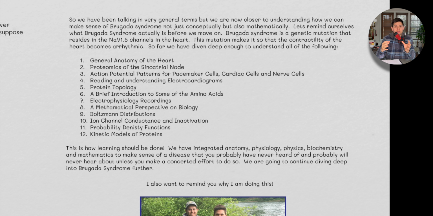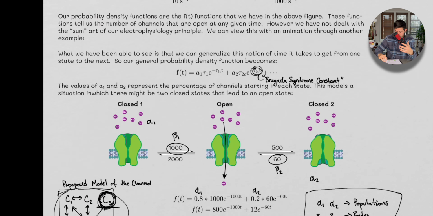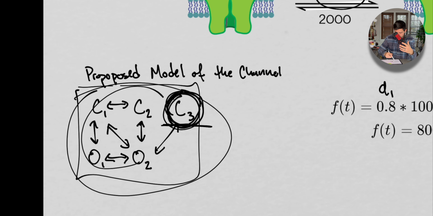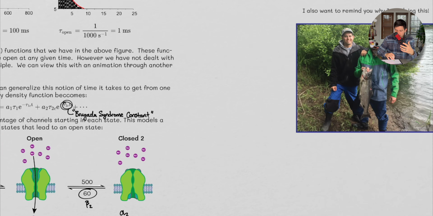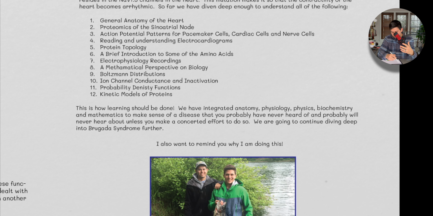Kinetic models being you have multiple different closed states and you have some open states. How we can theorize, we can make a hypothesis about what the model is. The hypothesis being a diagram that looks something like this, right? And then putting it to the test.